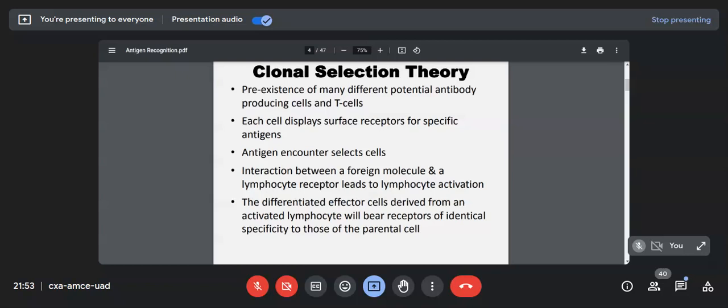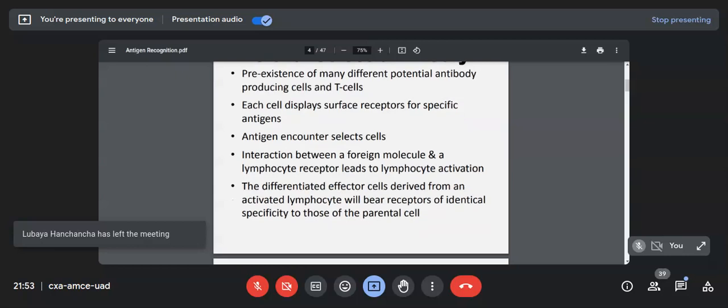Clonal expansion is about an immunogen activating a T cell or a B cell, and that T cell makes more copies of itself, which are able to recognize that immunogen. Have you gotten that point? Have you gotten that point, guys?